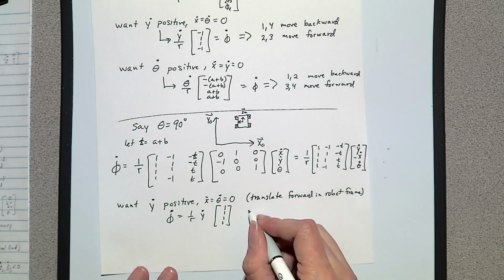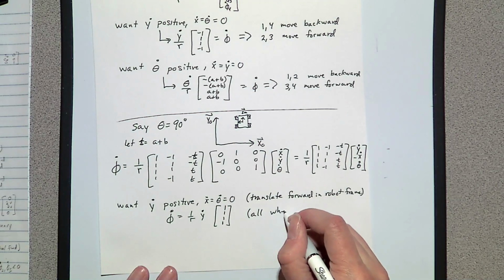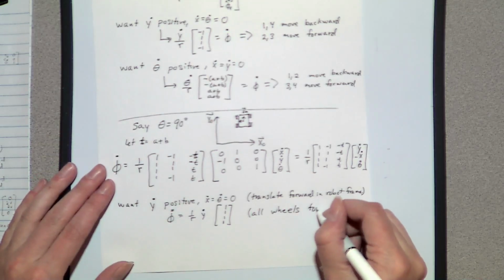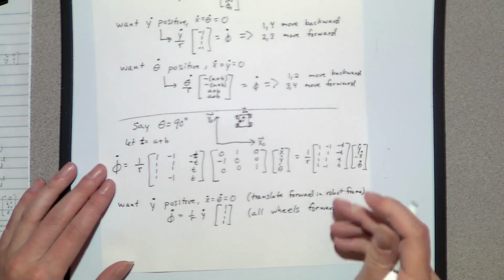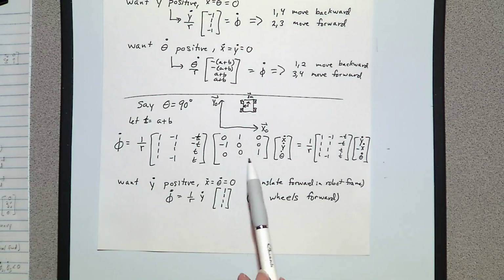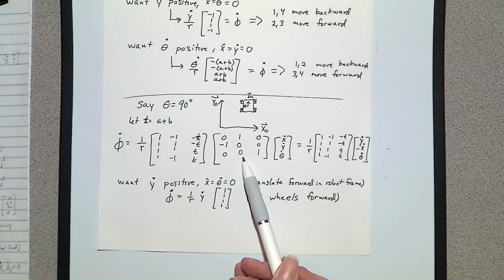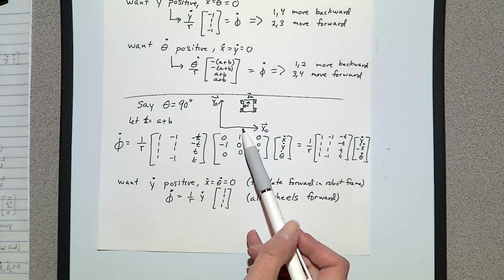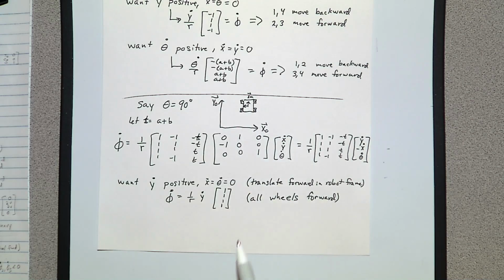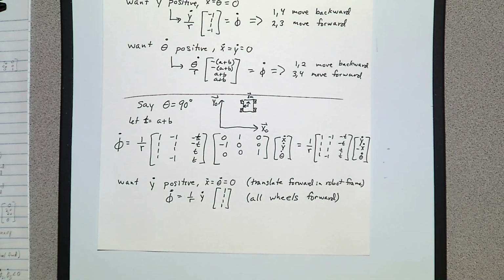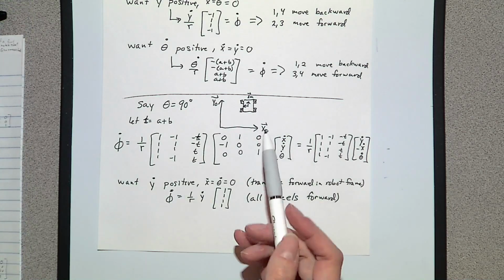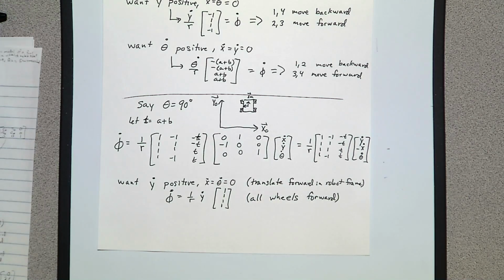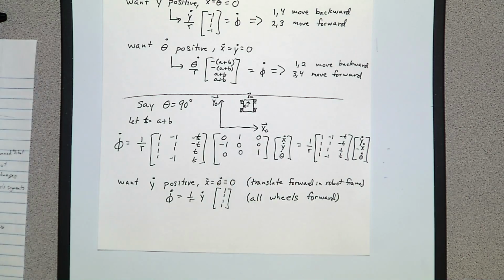Right. And so same as what we had before, when we were moving forward in the robot frame, it was all wheels moving forward. And so we can see that this kinematic equation does take into account correctly the difference between the robot frame and our inertial frame. And so likewise, you can check for x dot being positive, theta dot being positive. And of course, what's nice is that the theta dot is always going to be consistent, right? Because the z-axes are parallel for those two.